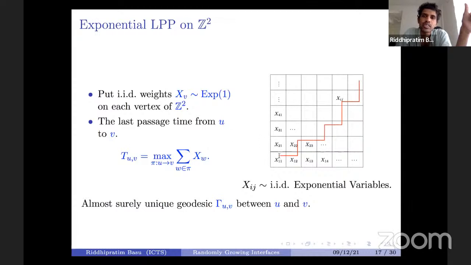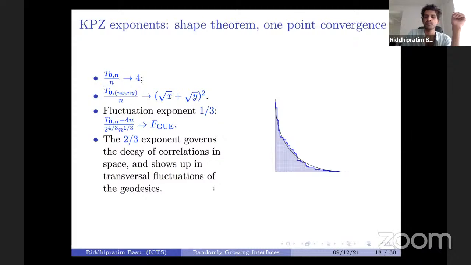Because I'm taking the maximum, going from X to Y to Z is actually worse than going from X to Z directly. So it's an anti-metric rather than a metric, but we'll call the optimizing path the geodesic anyway, because it locally optimizes the distance, so to say.